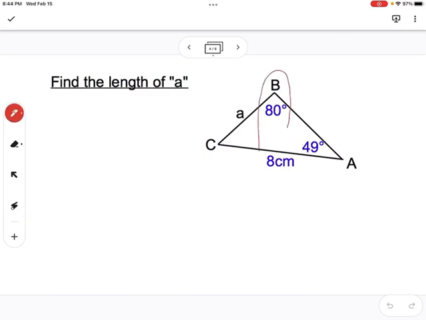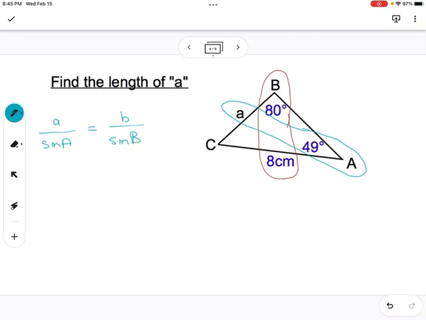So we have these pairs and these pairs. Okay, so our formula is A over sine A equals B over sine B.